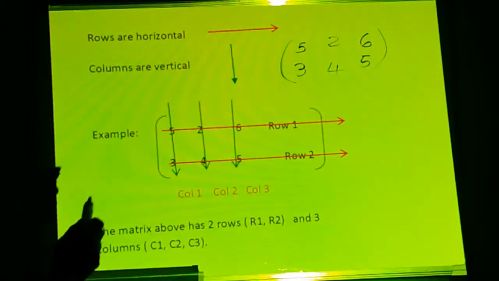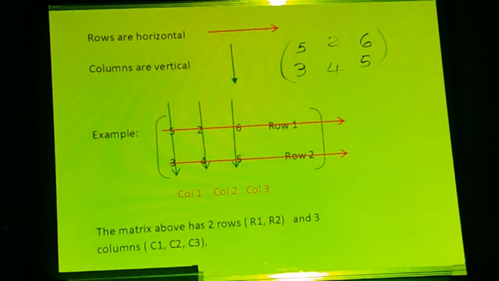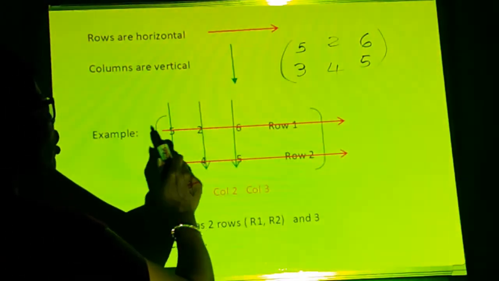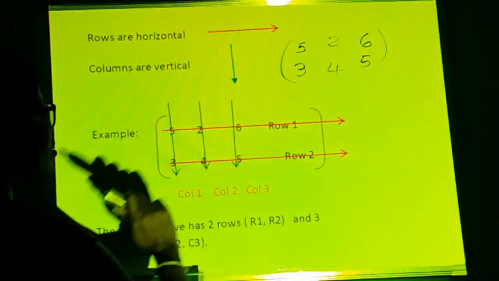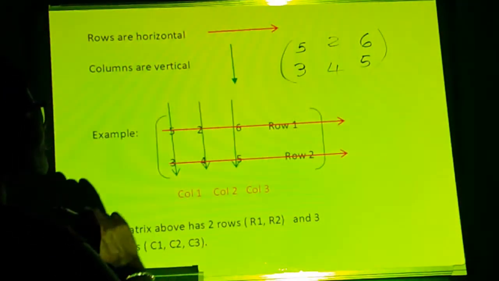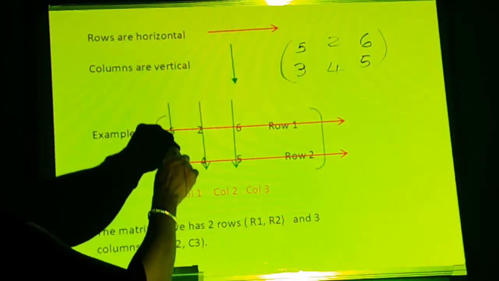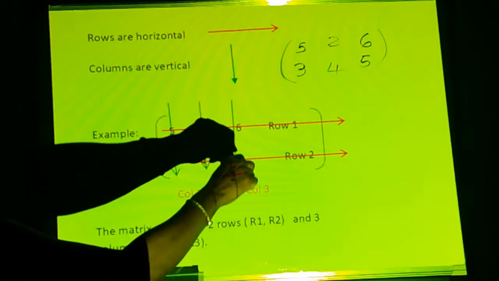If you say 5, 2, and 6, you are correct. Give yourself a clap. Because these numbers are written horizontally. They're in a horizontal fashion, whereas these are columns, vertical.